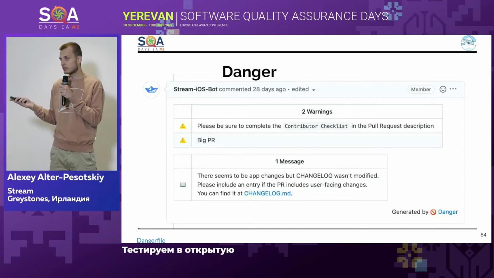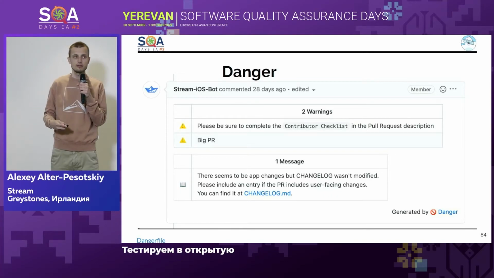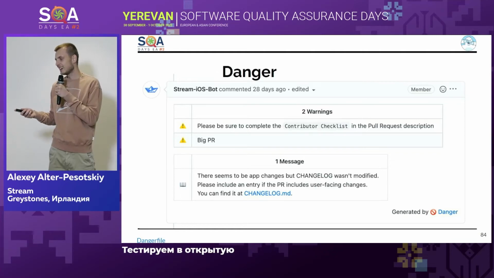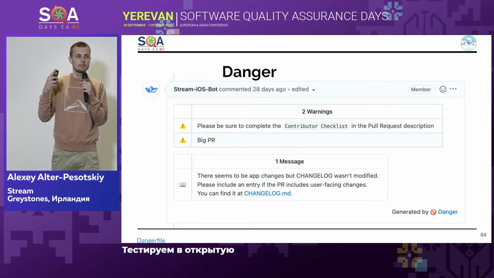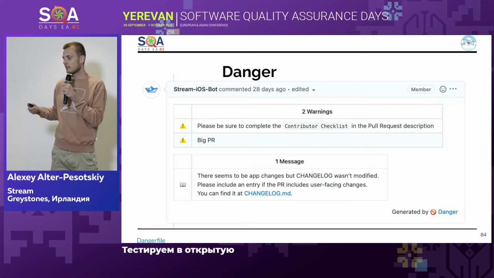Next tool is Danger. It's not really about testing, but I think it is. It checks the commits, it checks the pull request itself, the description of it, and it checks the size of the pull request. So if the pull request is huge enough, like 500 lines, we will consider it a big pull request, and Danger will throw a warning, like try to reduce it.